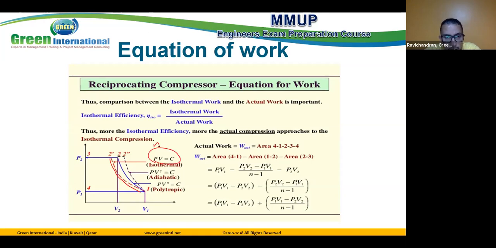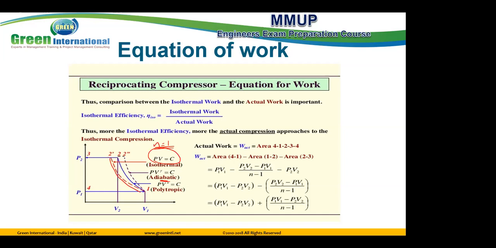It means at index n equal to 1. I think we solved one question like this before. N equal to 1 obtains the minimum work consumed. PV equal constant. PV to the power gamma, which is the adiabatic process, is the maximum we can obtain, not minimum. PV to the power n, which is polytropic, is in between. Okay.